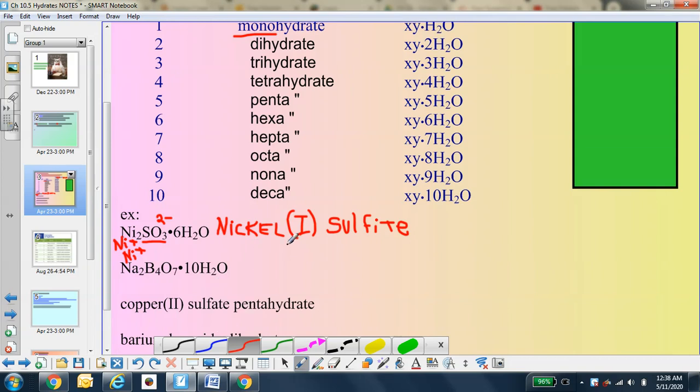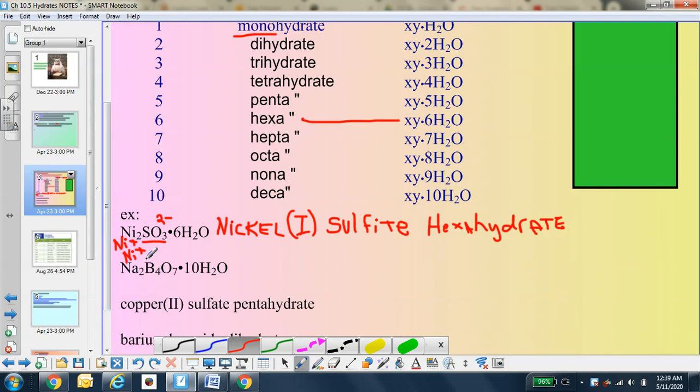So it says nickel 1 sulfite, and we have 6 water molecules attached, so that is going to be hexahydrate. Big long name: nickel 1 sulfite hexahydrate.